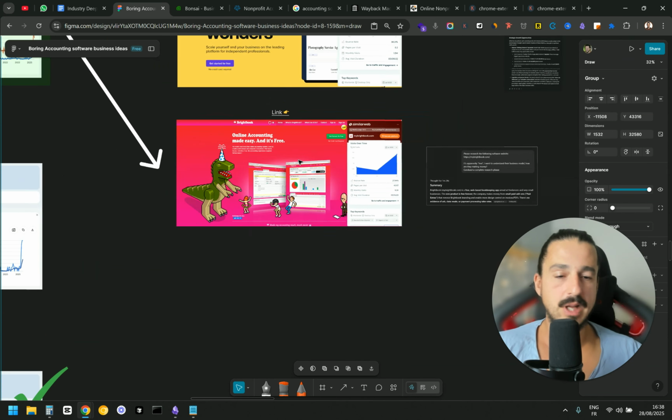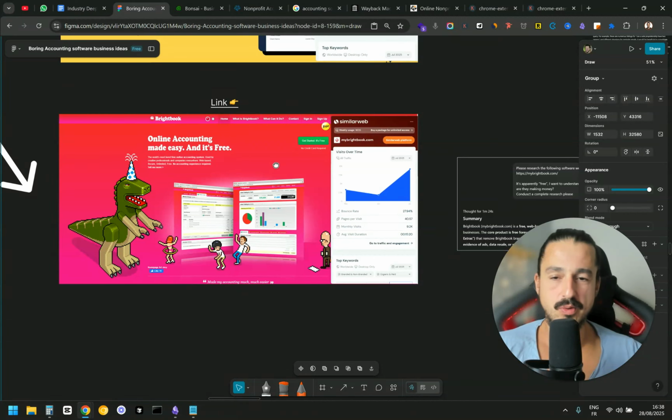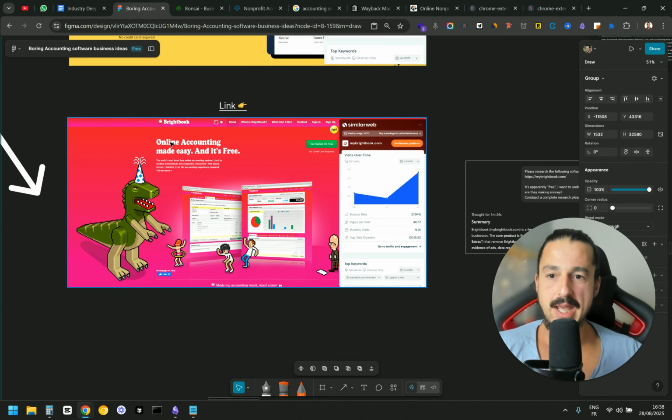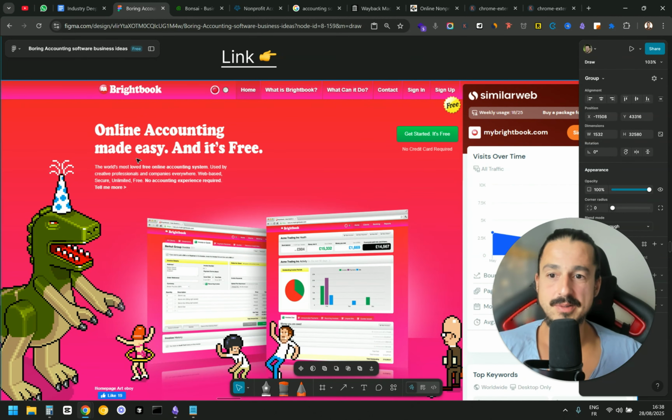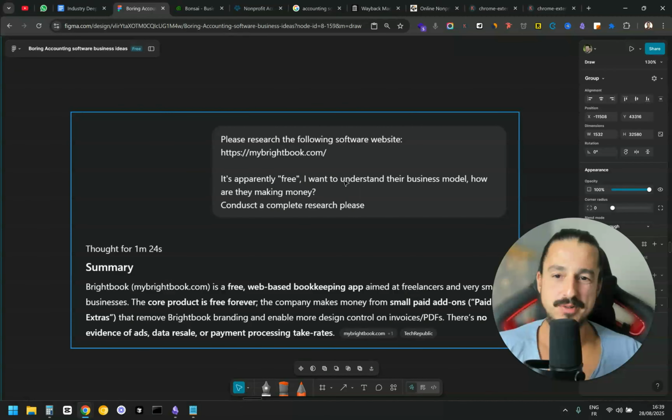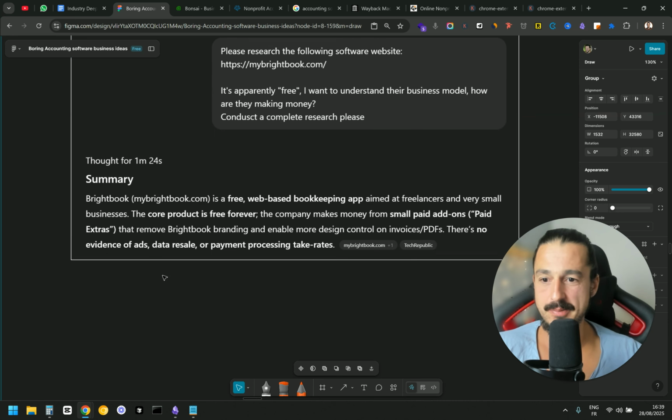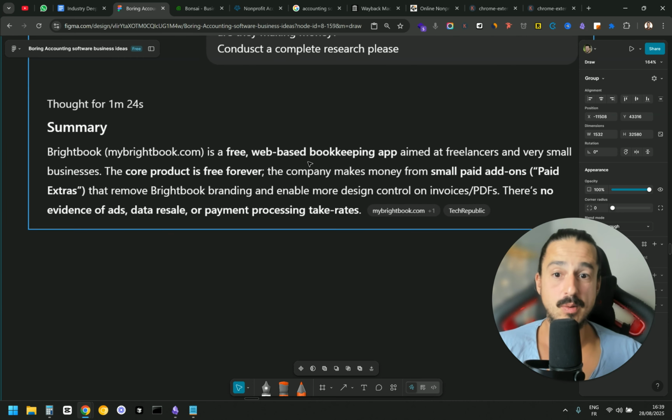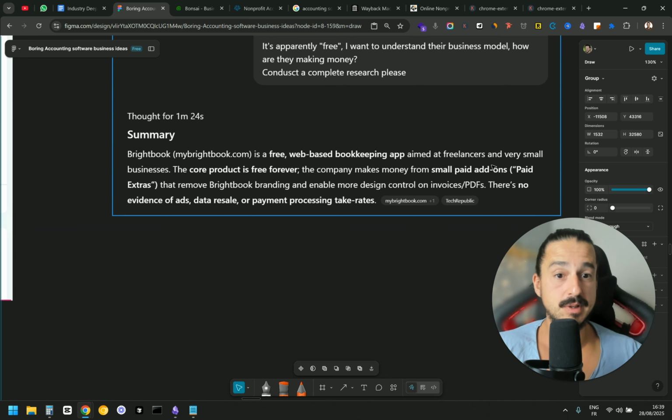Then I'm just talking about this one because it was also interesting. I found this one, which says online accounting made easy and it's free. No, it's not free. So the first thing I do is ask ChatGPT how they are making money. It's a free web-based bookkeeping app aimed at freelancers and very small businesses. The core product is free forever, and the company makes money from small paid add-ons.